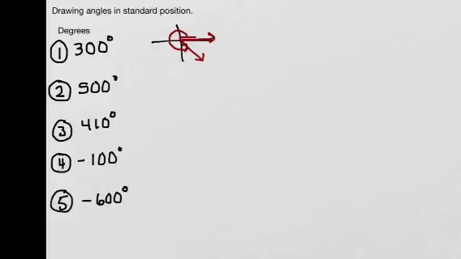Okay, 500, well, you know that 500 is more than 360. How much more? So you can just quickly do the 500 minus 360, and so you know that it's 140 degrees more.